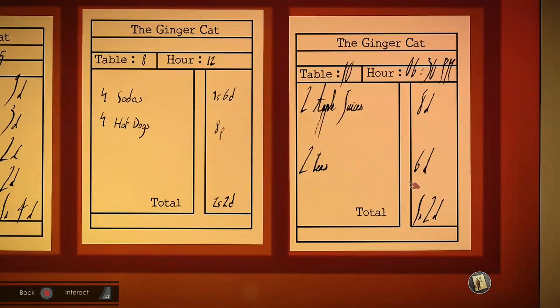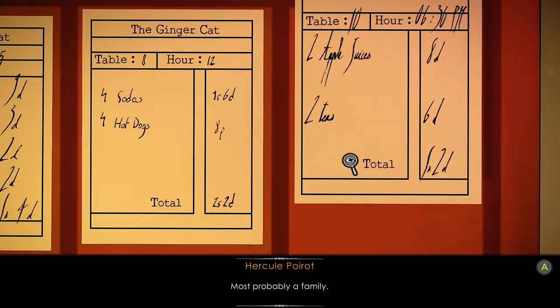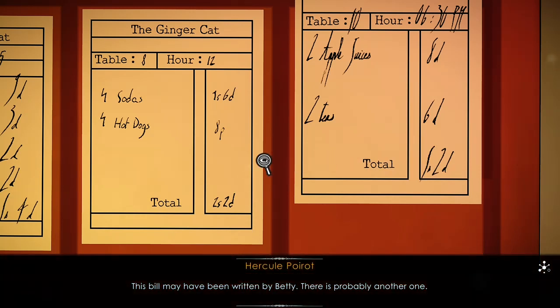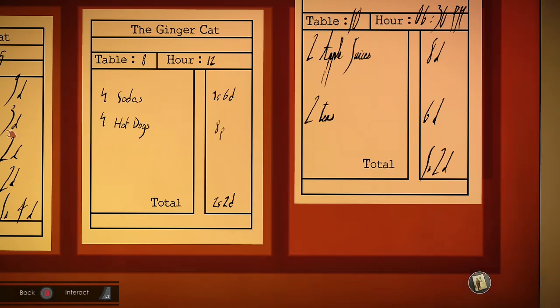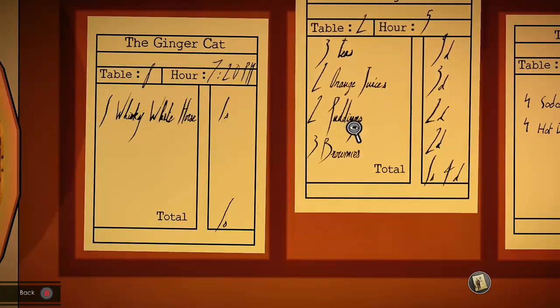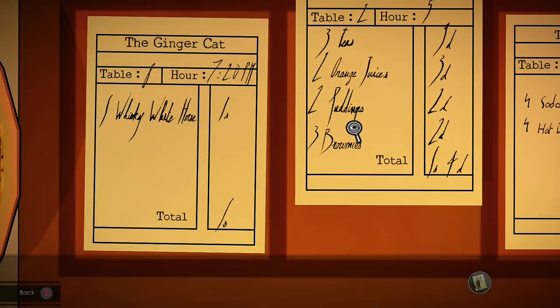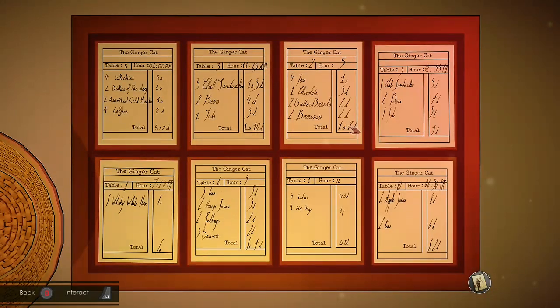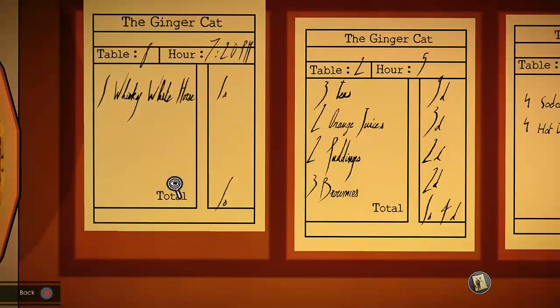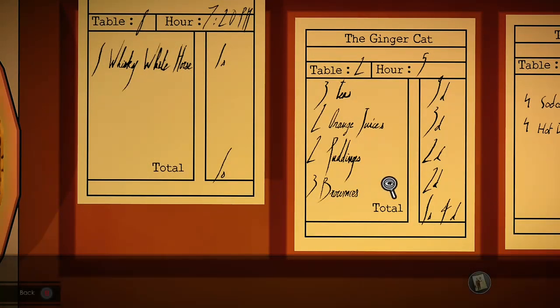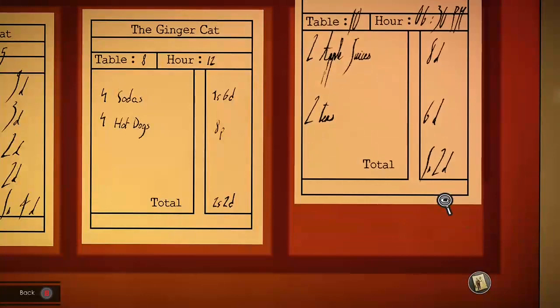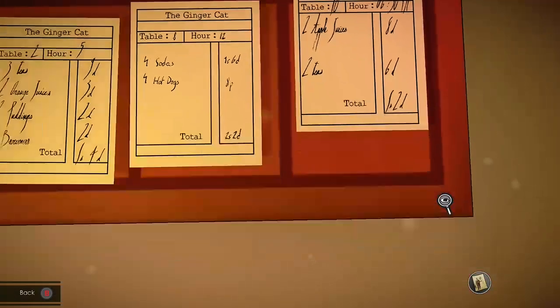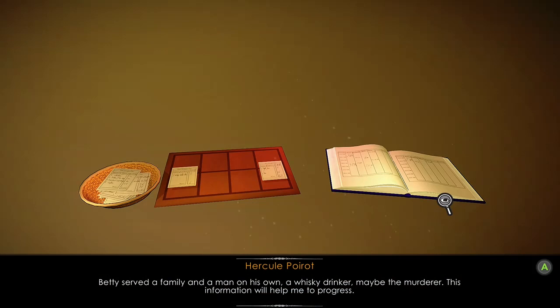Ah, she was there. Most probably a family. This bill may have been written... No, something's not right. Okay, so what the frickety frick? Most probably a single man. This bill may have... Most probably a... Betty served a family and a man on his own, a whiskey drinker.